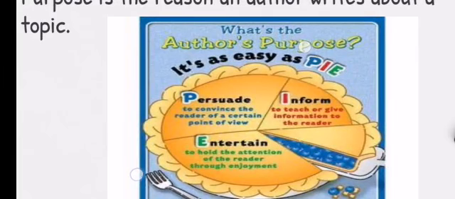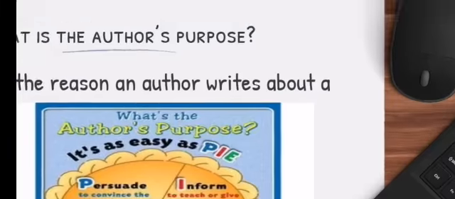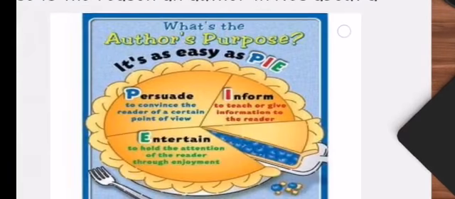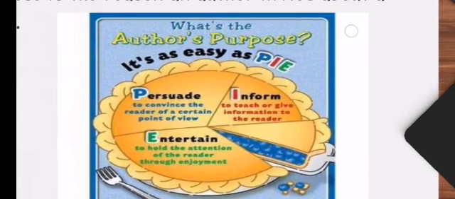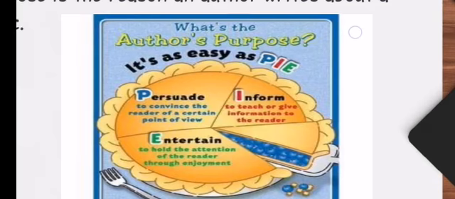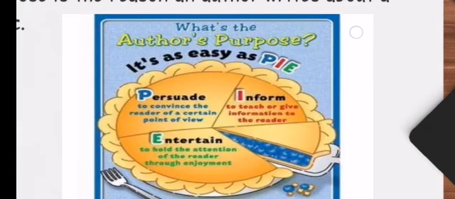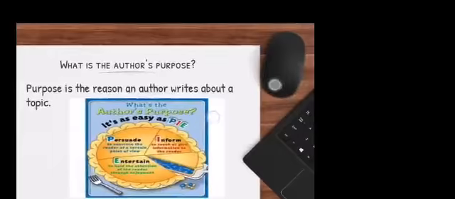We have to persuade, which is to convince the reader of a certain point of view. We have to inform, which is to teach or give information to the reader. And finally, we have to entertain, to hold the attention of the reader through enjoyment.